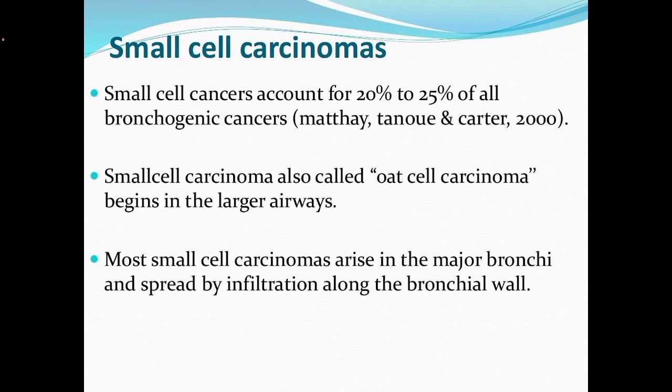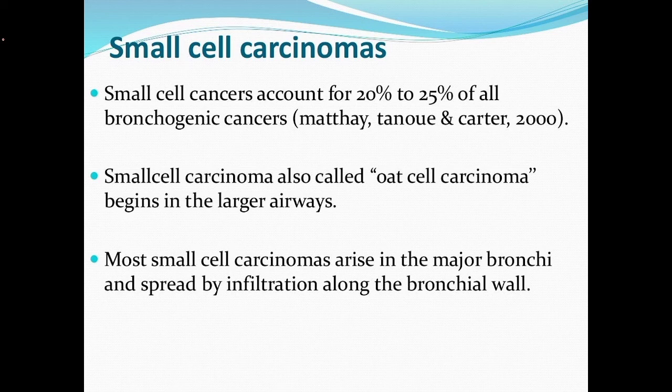Small cell carcinoma counts for about 20 to 25% of all lung cancers. It is also called oat cell carcinoma, because these are cells which produce their own hormones that affect the body chemistry, and it begins in the larger airways.